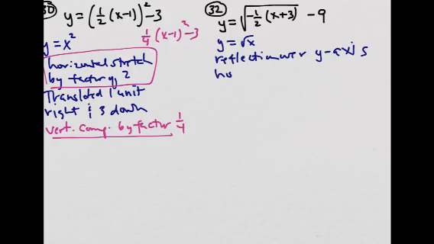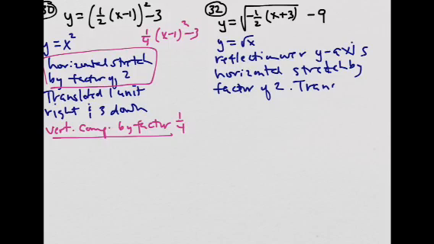There's a horizontal stretch because we take the reciprocal of 1/2, by a factor of 2. And then it translates 3 units left and 9 down.